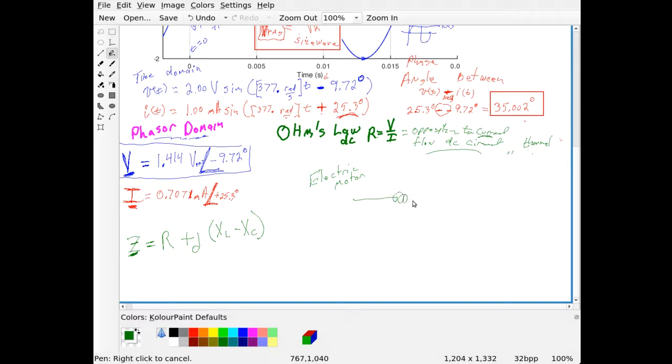So we have a coil of wire and we have a magnet.